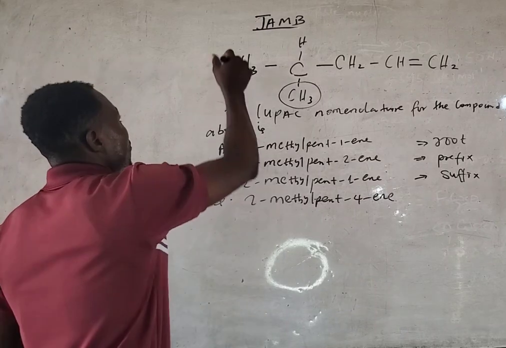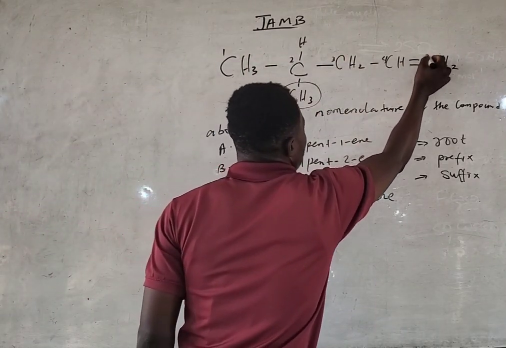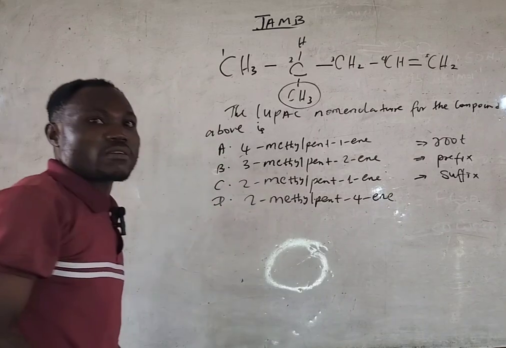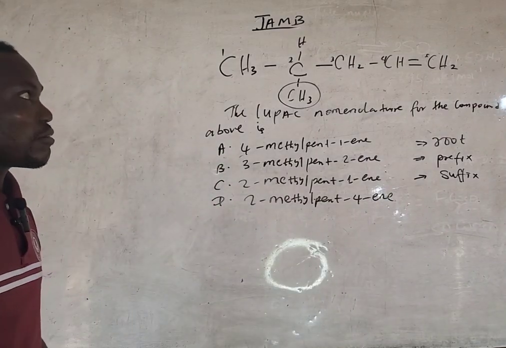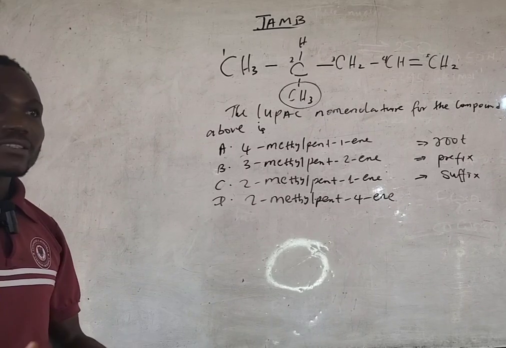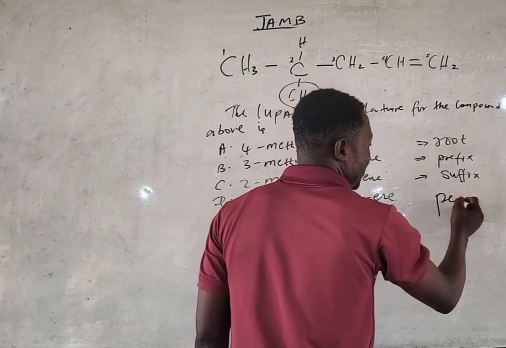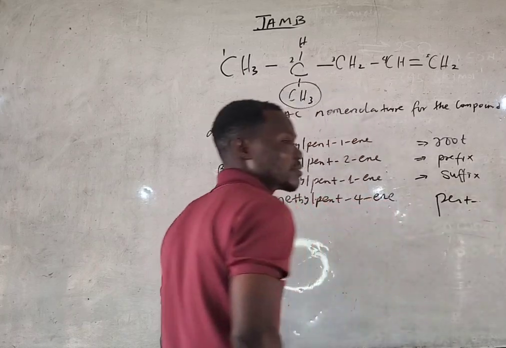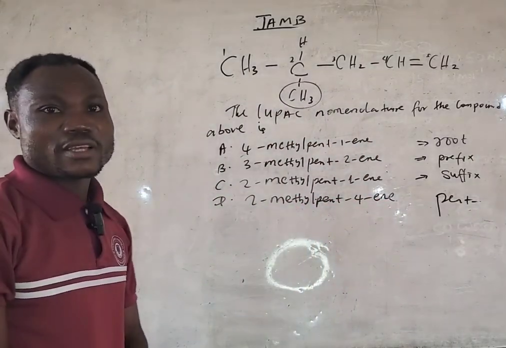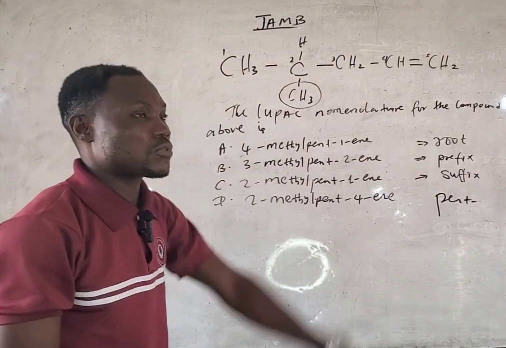Here we have 1, 2, 3, 4, 5. So for 5 carbon atoms, we have pent. So the root of that compound is pent, a derivative of pentane, because it has 5 carbon atoms.